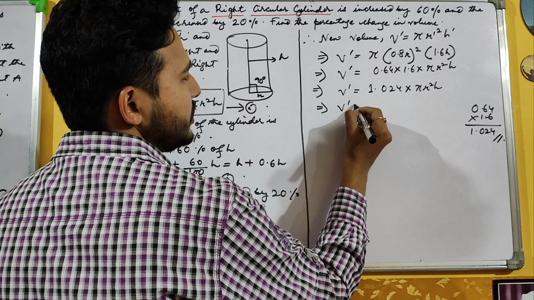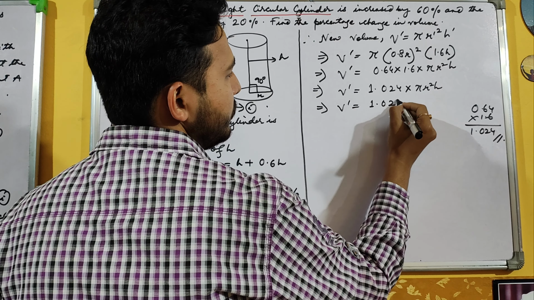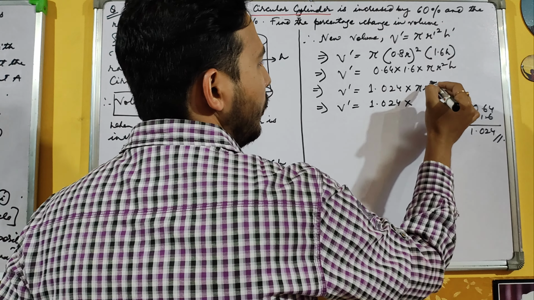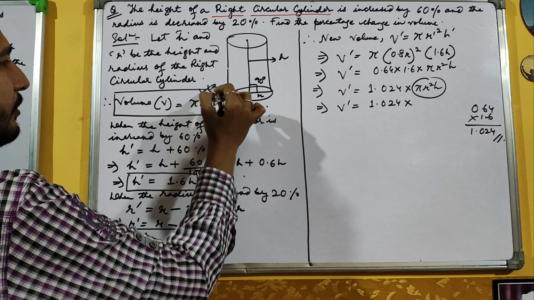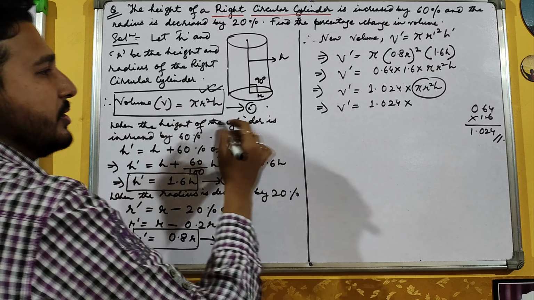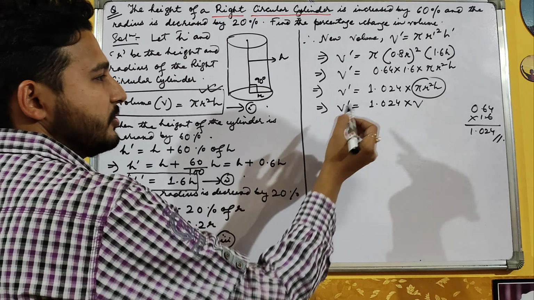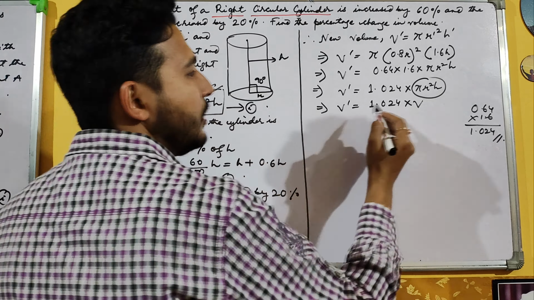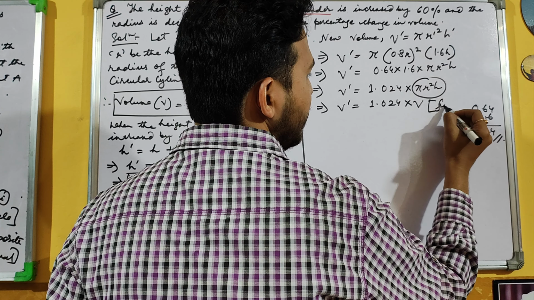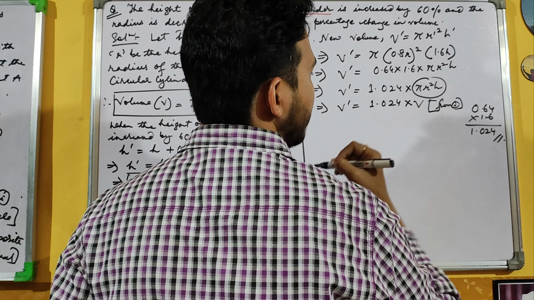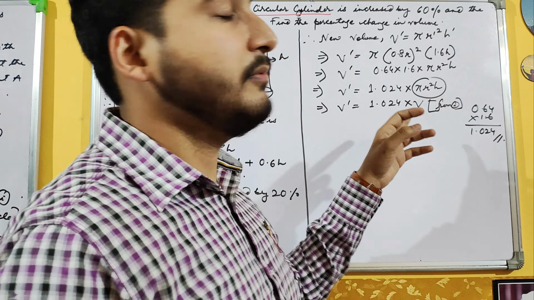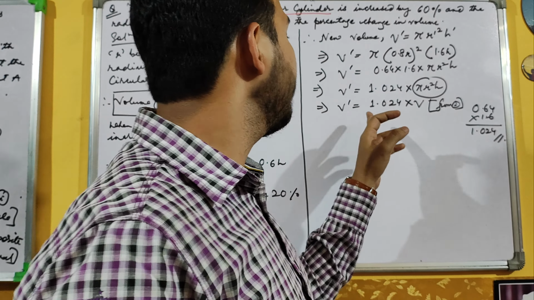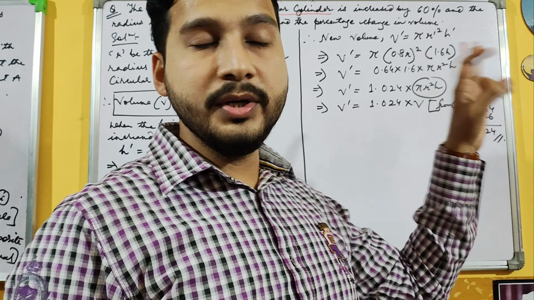So v dash is equal to 1.024 into what is pi r square H? It's nothing but the original volume which I have already put before in equation 1. So V, because pi r square H is nothing but V. So from 1, the new volume is 1.024 times the original volume.